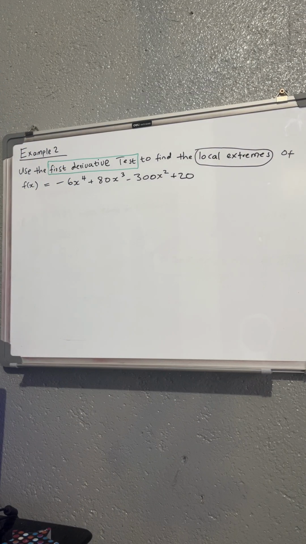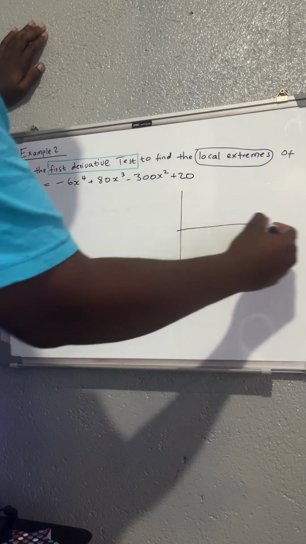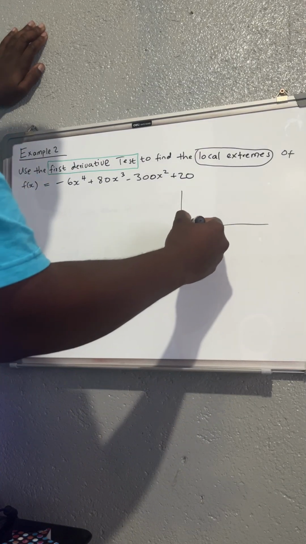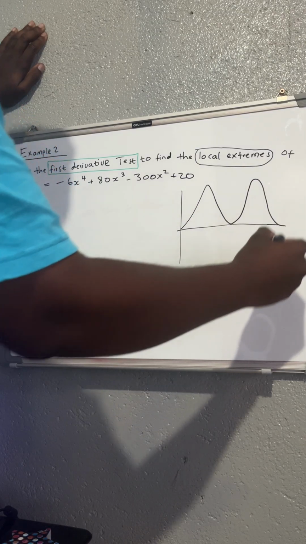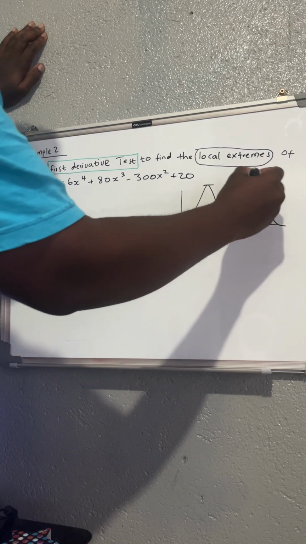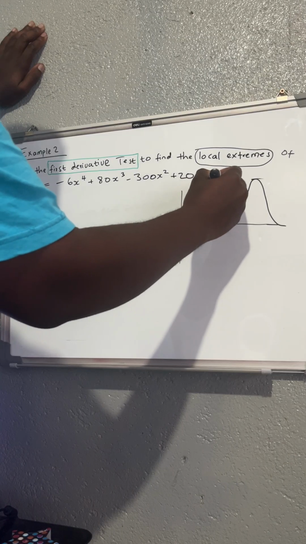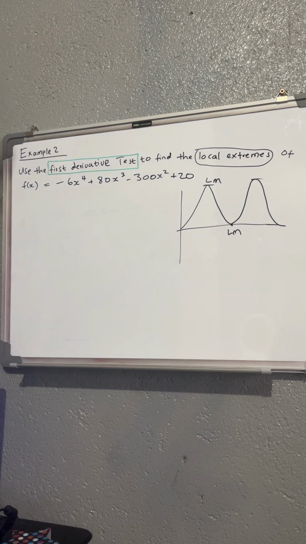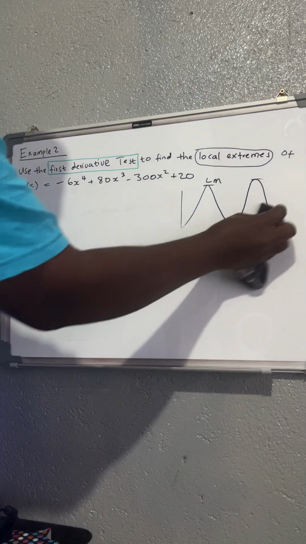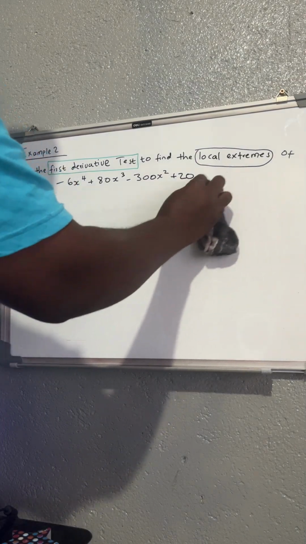They just want you to tell them where we have a local maximum or a local minimum. So if you have a graph and you have something that looks like this, then definitely this one can be your local max, then this one would be your local minimum. You see, such things are what they want from you.